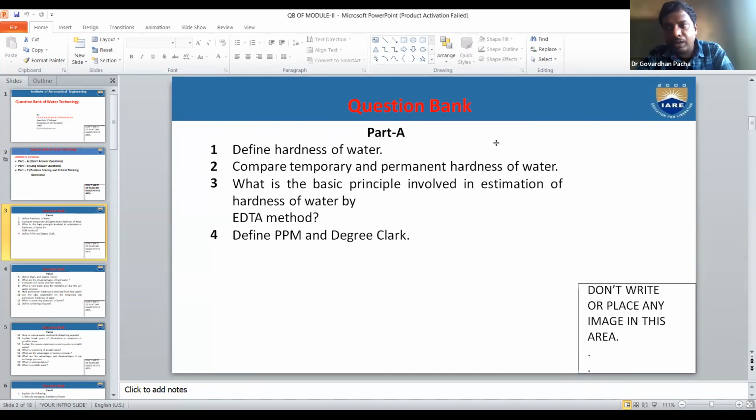That means 0.07 Clark degree. And we have the relation: 1 ppm is equal to 1 milligram per liter, is equal to 0.07 Clark degree, is equal to 0.1 French degree. So these are the units of hardness of water.